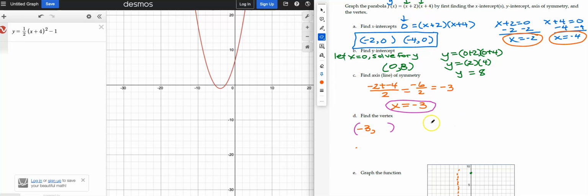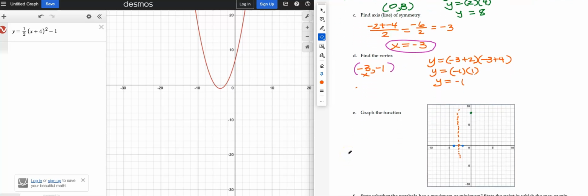So going back up to this first equation, y equals, in place of my x, I'm putting -3. So I have -3 plus 2, times -3 plus 4. Let's simplify inside the parentheses. That gives me -1, and the other parentheses gives +1. -1 times +1 is -1. So y equals -1, and that is the other part of my vertex.